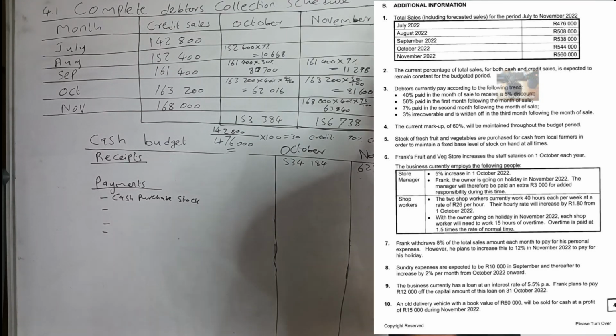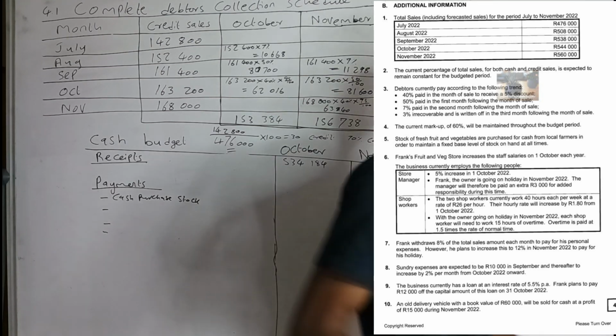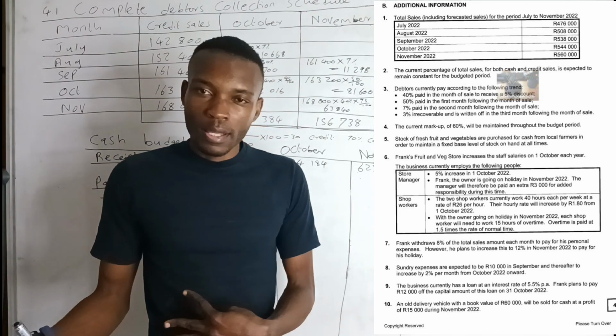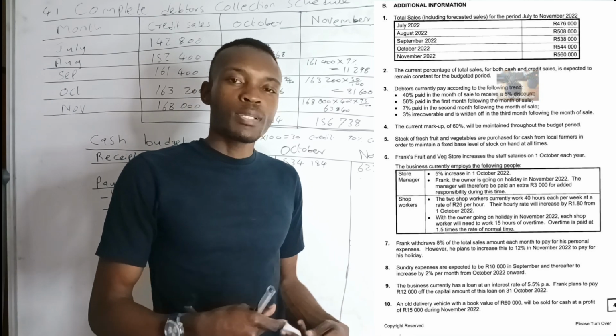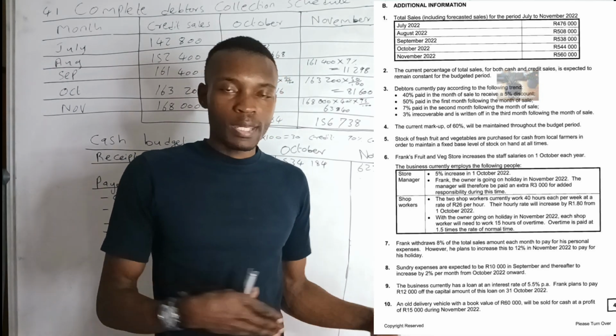So they purchase in cash. Which means that we have to use a 60% markup on total sales to convert it to purchases. Remember, our purchase amount must be lower than sales. The answer that you are going to get must be lower than sales, because you can't purchase an item for 10 rand and sell it for 5 rand. You're going to make a loss.